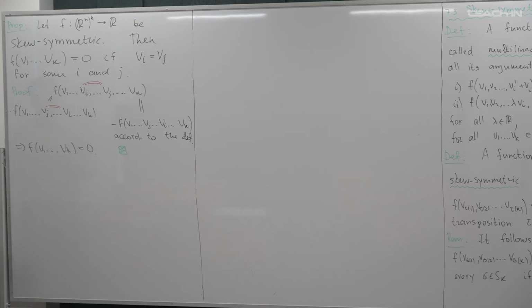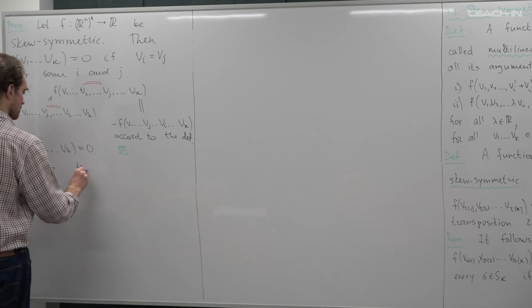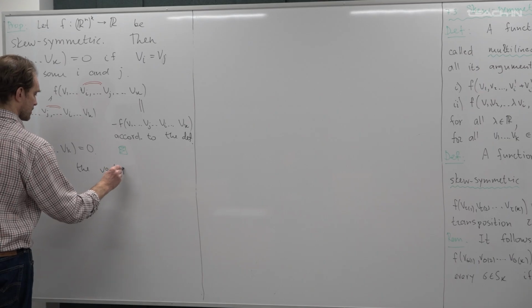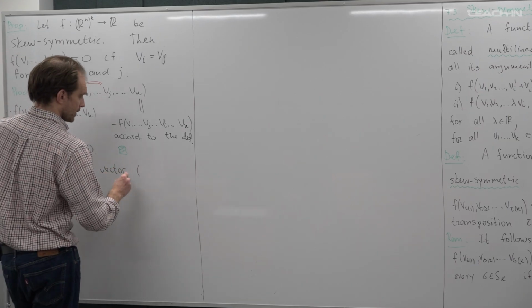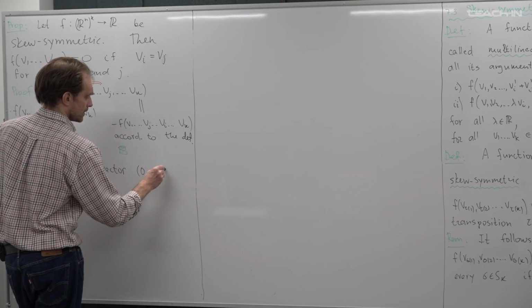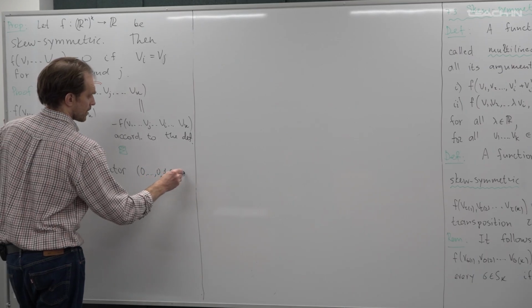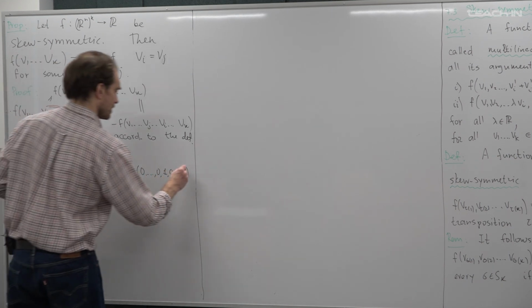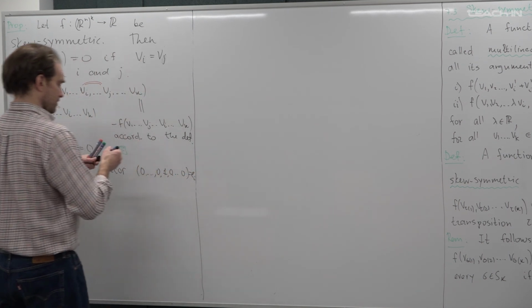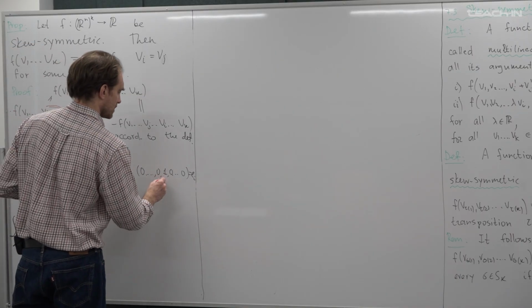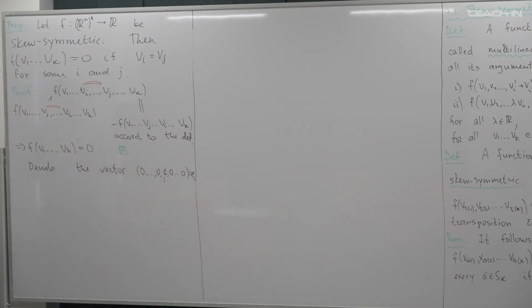Okay, so then I will need to introduce some notation. So denote the vector where all components are zeros besides a 1 somewhere on the ith position by e sub i. So this is a vector such that its ith coordinate is 1 and all other components are zeros.